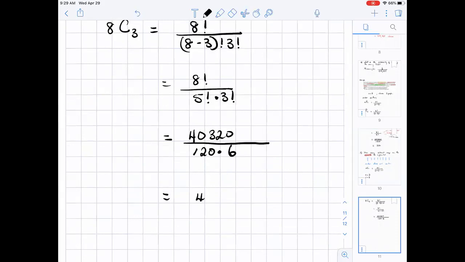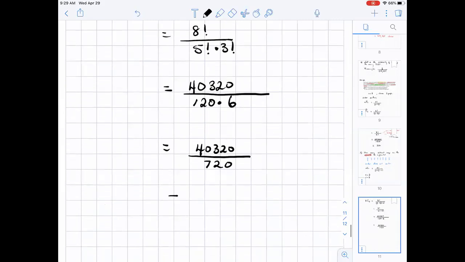So 120 times 6 will be 720. And 40320 divided by 720 is 56.